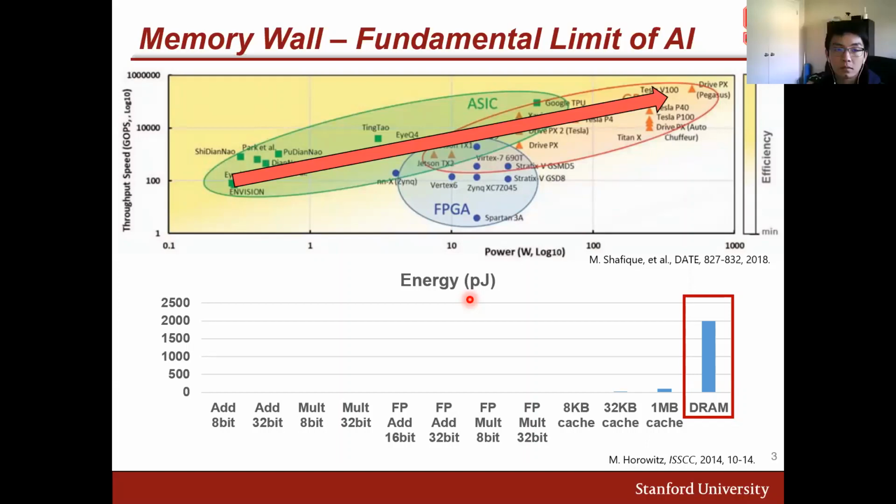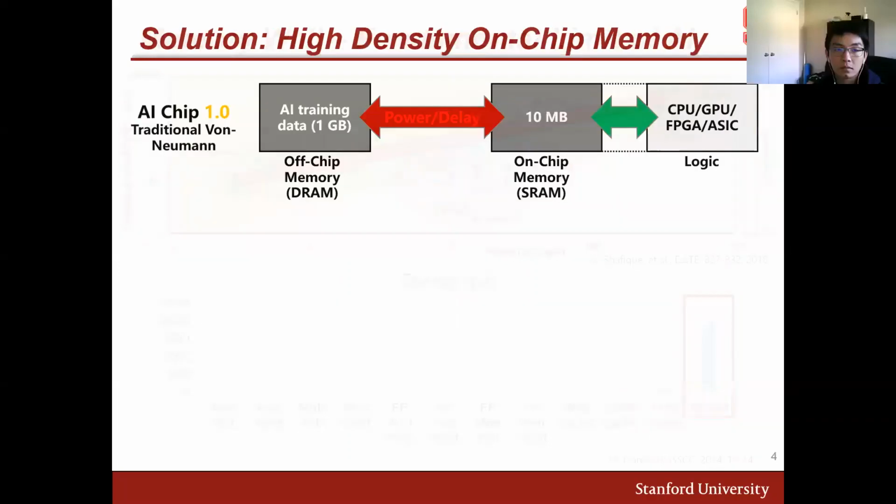So this brings us to how we can eliminate this, right? Another way to look at this is if you put the computer memory in a physical sense, then we see that we need to bring the data from the memory to the processor to process.